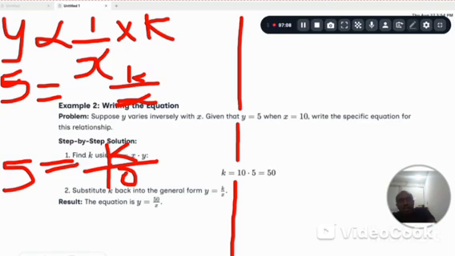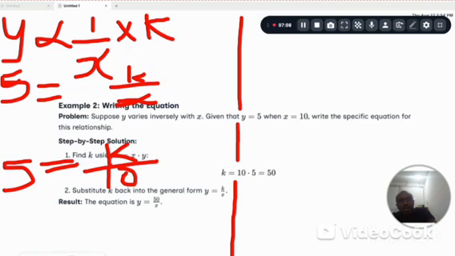Don't forget to multiply by k, and when I have that, that will simply mean y, I'm going to change the sign now to equals, 1 multiplied by k will give me k, and I can write k alone, all over x. Y equals k over x.